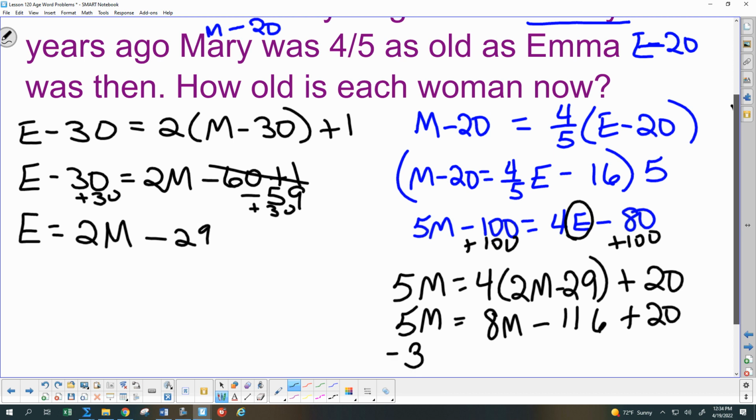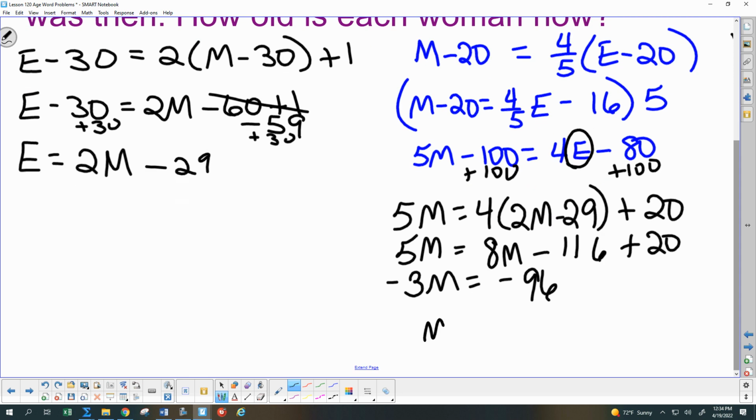So subtract my 8M, minus 3M is minus 96. Divide both sides by negative 3. M is 32. Is that what you said you got for Mary? So Mary is 32 years old.